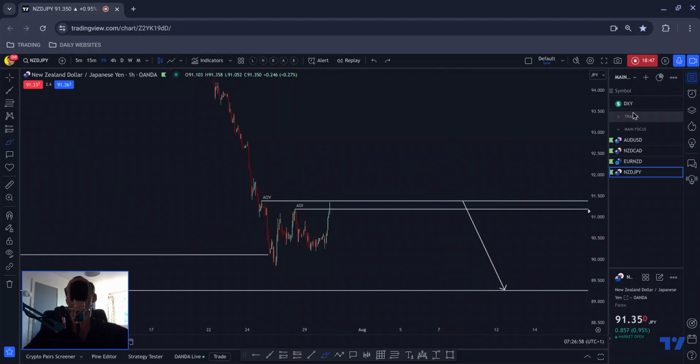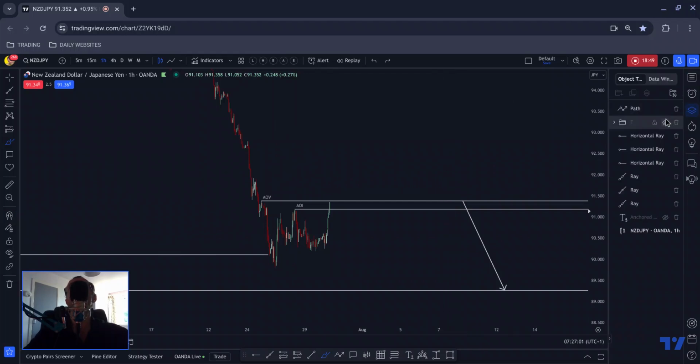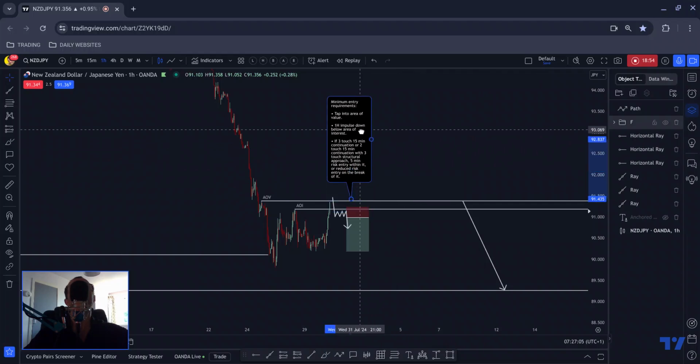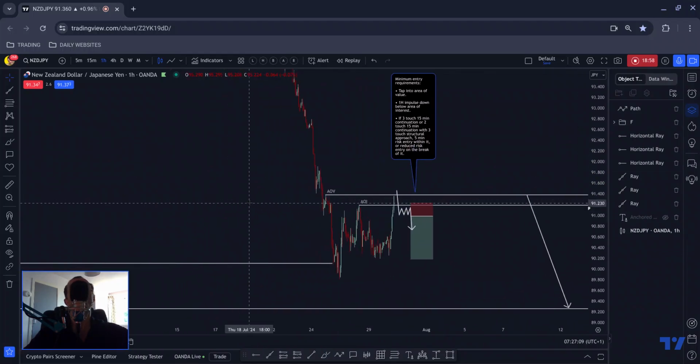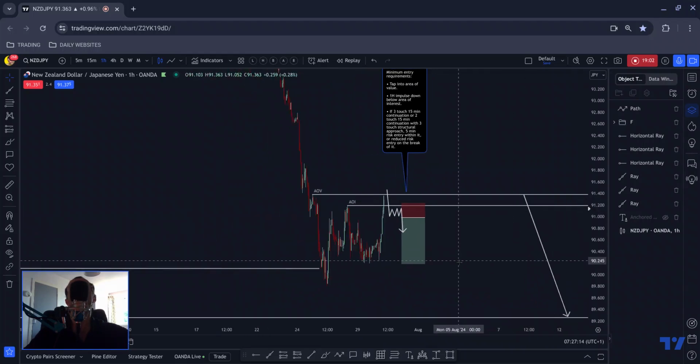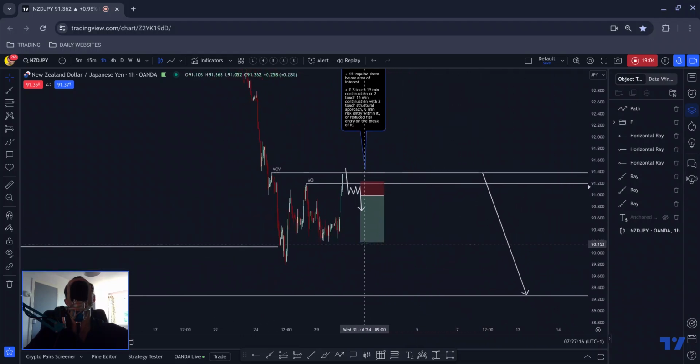So what I'm looking for today is the same thing again. We've pretty much had the tap into that area now. So now I'm looking for the pushback down below the area of interest, and then a 15-minute consolidation, and then I'll be able to manage it down to that low for something in the region of 3%.